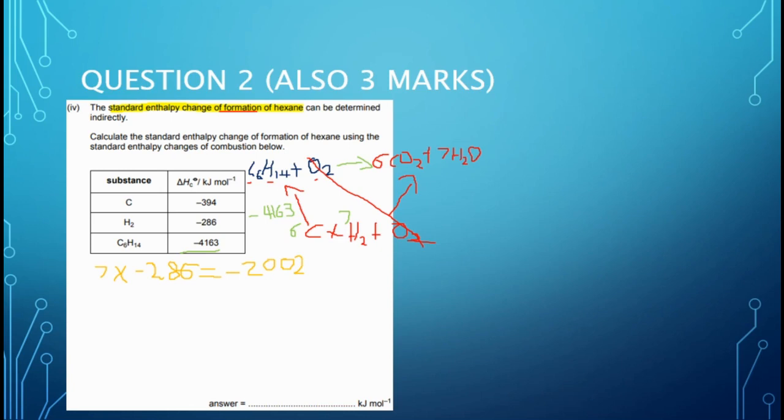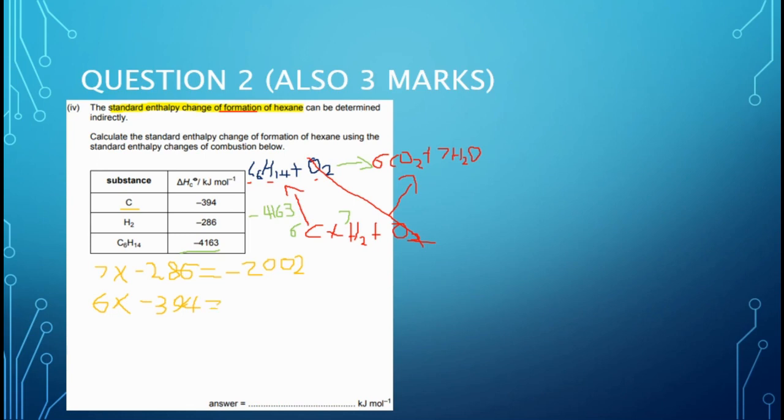We need our other set of values. So our other set is 6 carbons. 6 times minus 394. So we have that value now. And what does this total to?